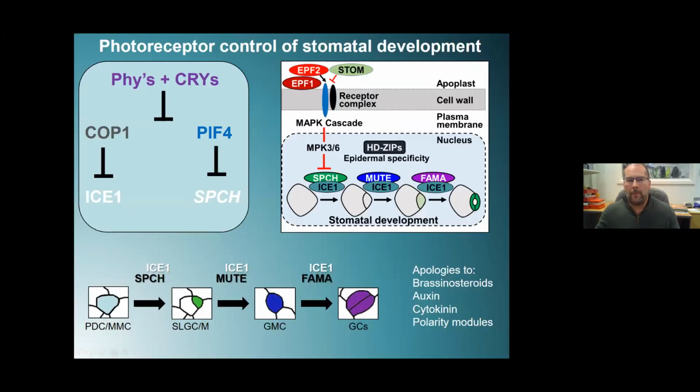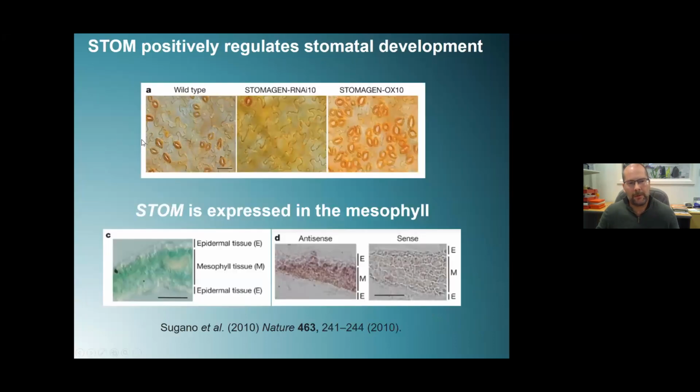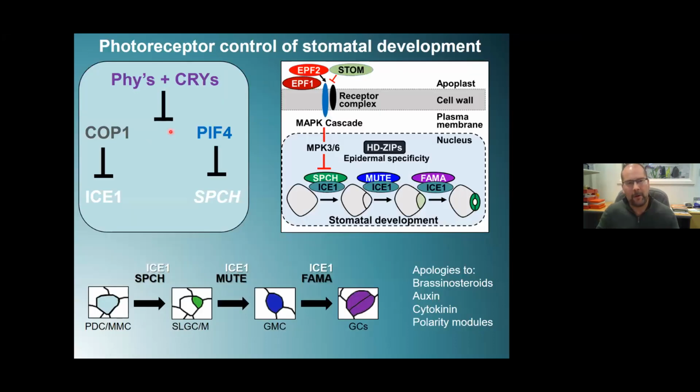So this came about from a couple of groups' work, and initially it was found that COP1 was involved in this process. So this came from Hong Kong Yen's group. However, they weren't able to identify the factor, and this came a couple of years ago when it was shown that COP1 is able to target ICE1 for degradation.